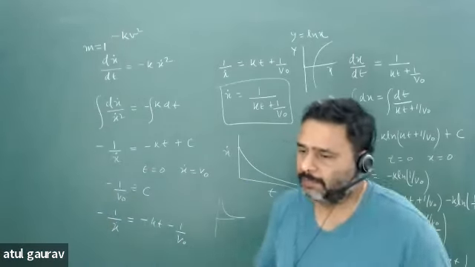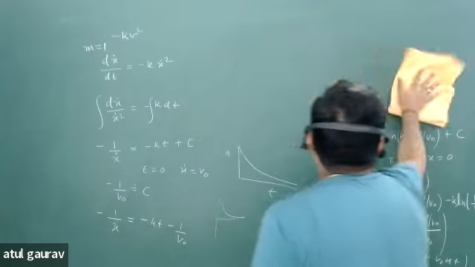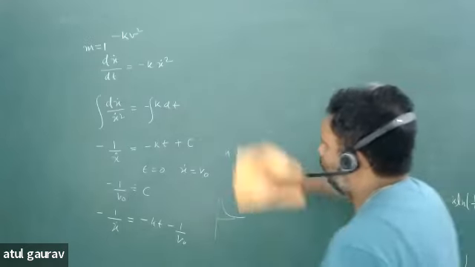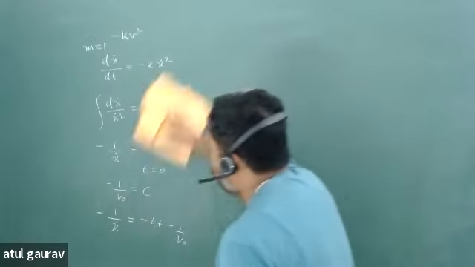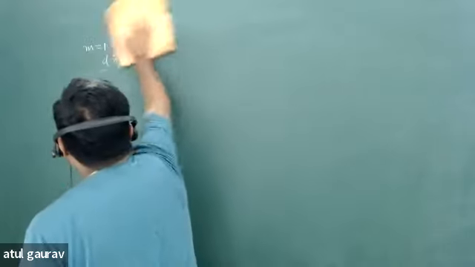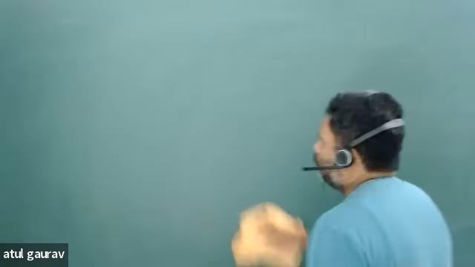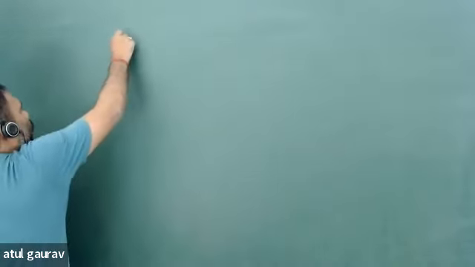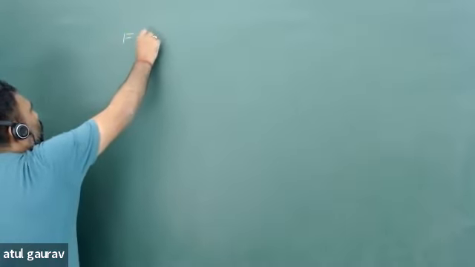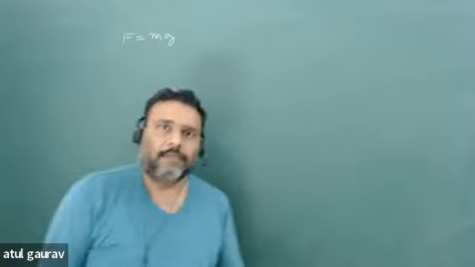Let's go. So the next one is very interesting, and this has come many times in your exams. So if we have a force, and that force is mg, let's say this is a constant force, and we are adding some resistive force.